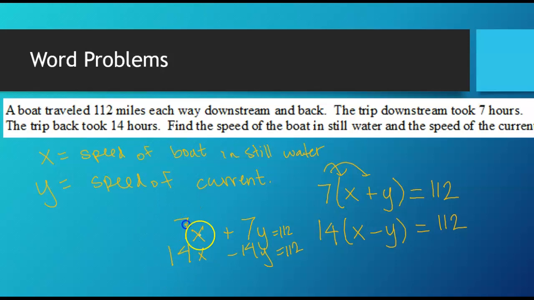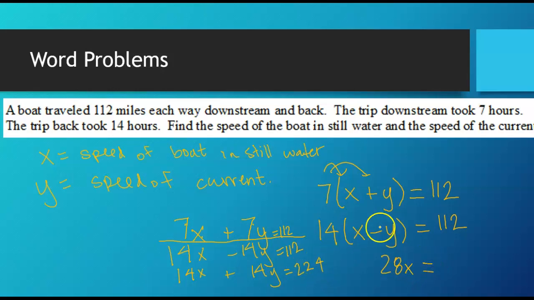So 7x times 2 would give me 14x. 7y times 2 gives me 14y. And 112 times 2 gives me 224. So now I can take these two bottom equations and I'm going to add them together. 14x plus 14x is going to give me 28x. Negative 14y and 14y is going to 0, so that gets rid of that for us.